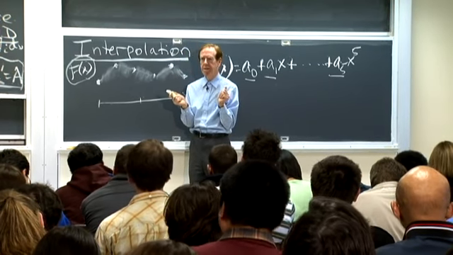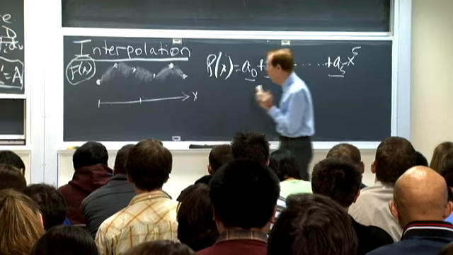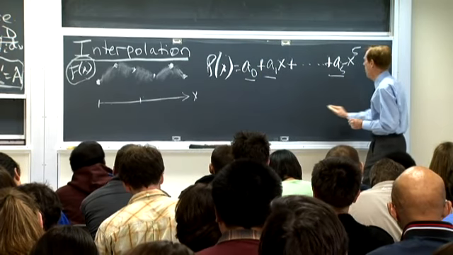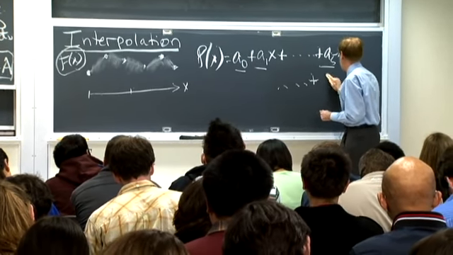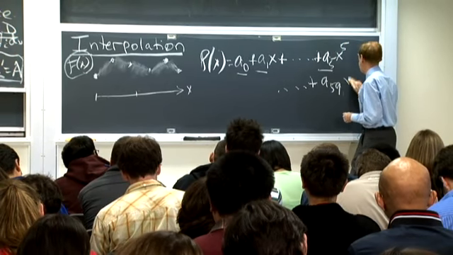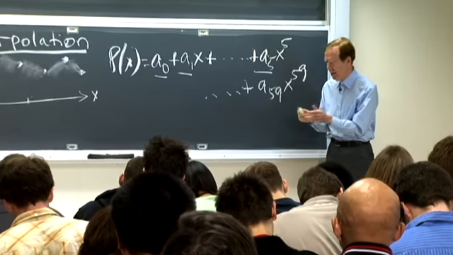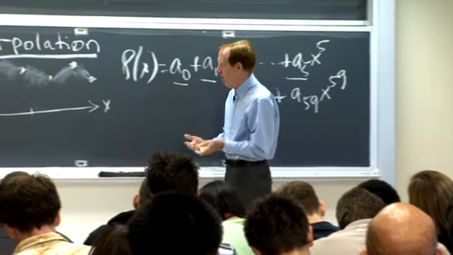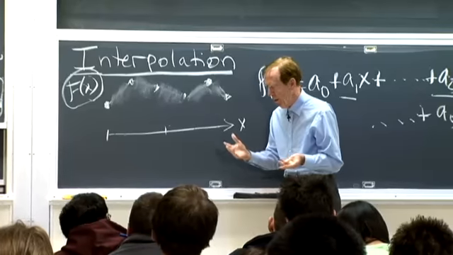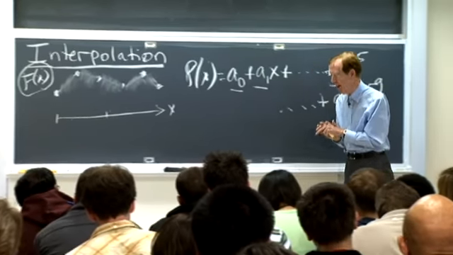don't do it. That's the message. Don't do it. If I'm going on up to, say, a59, x to the 59th, that fits my 60 points. And you say, well, look, I've got 60 values. That should be way better than having only 6.